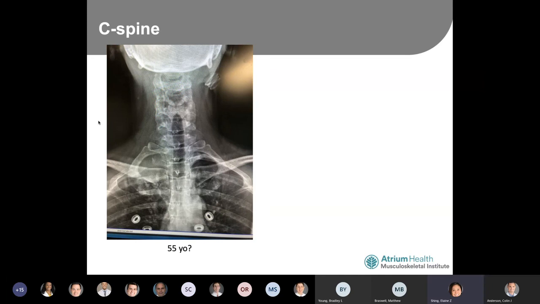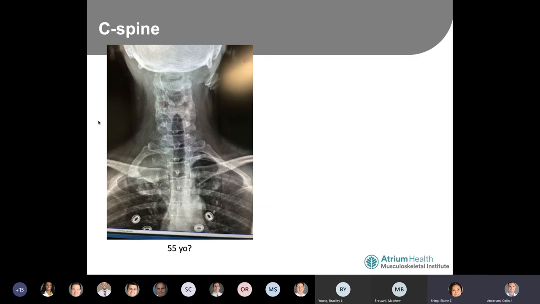But I have no idea what I'm looking at here. Okay, well, this is a skeletally mature person, and it's an AP view of the cervical spine. I honestly have no idea what the lesion is that we're looking for.